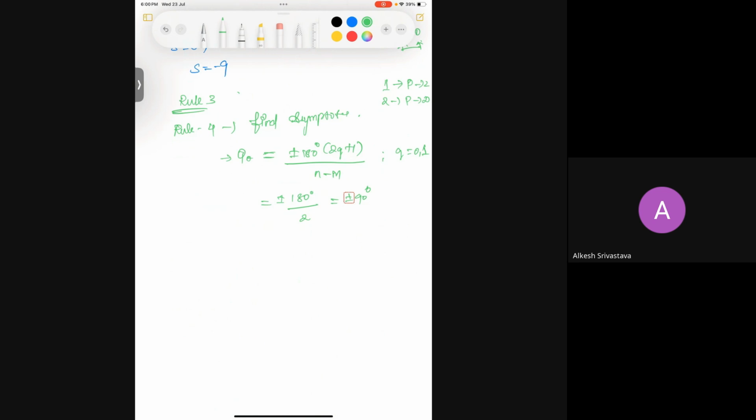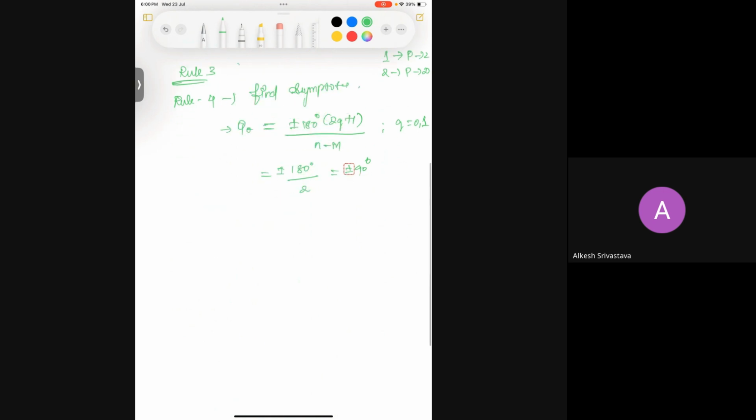I think there is a mistake here in this book. They have calculated it as 3 n minus 1, n equal to 3, m equal to 0. That is wrong, right? Yeah, that must be wrong. Okay, that's all.